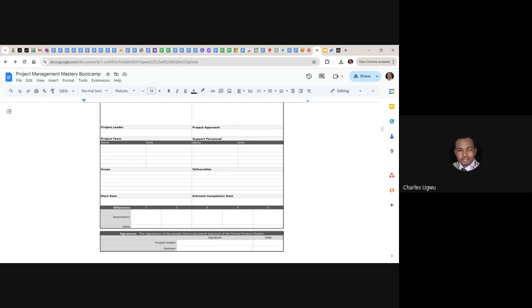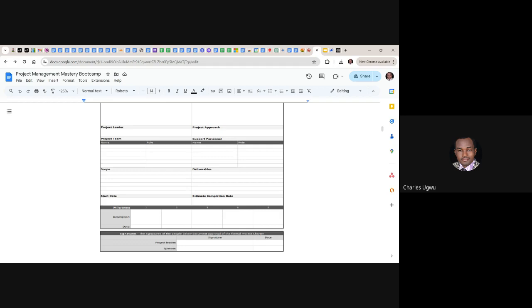So if your scope is just blogging at this point and there are no other requirements for shopping carts, e-commerce or marketplace, a stakeholder can come tomorrow when the project is already going on and say, can you add a shopping cart to this so that we can equally be selling something within our website?